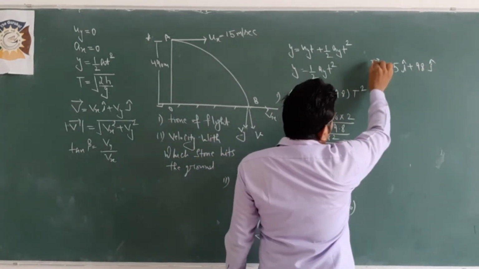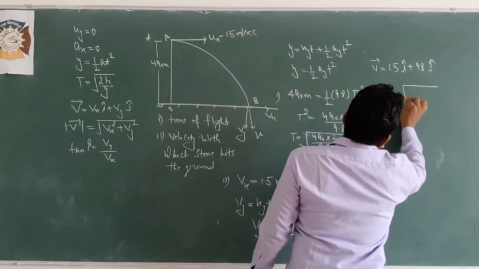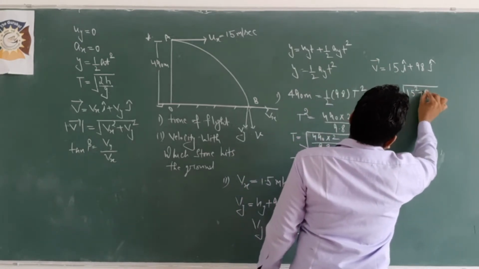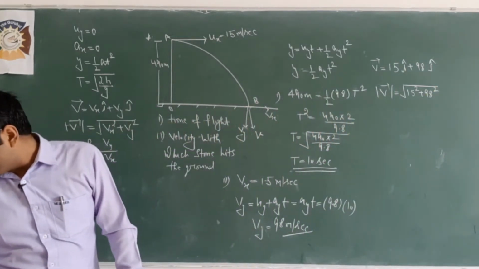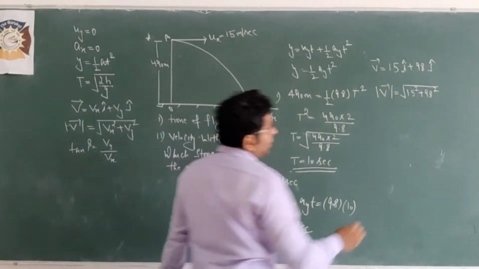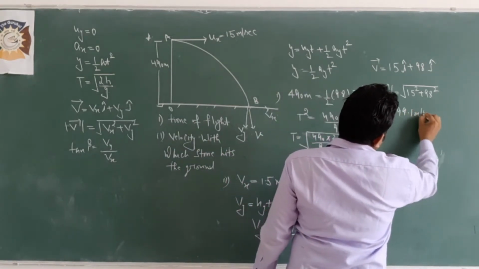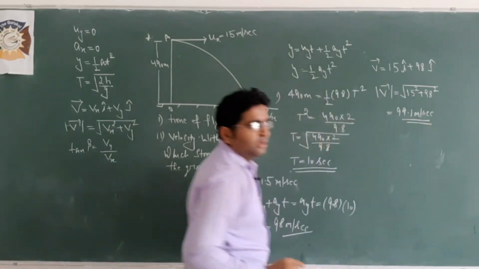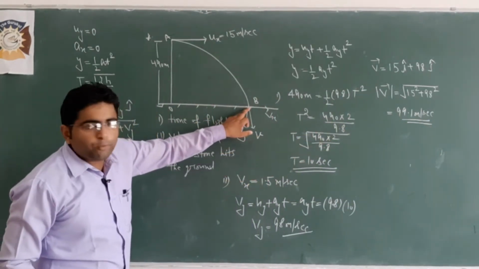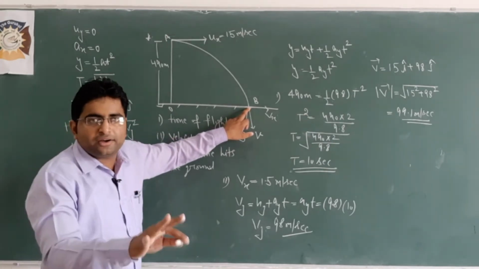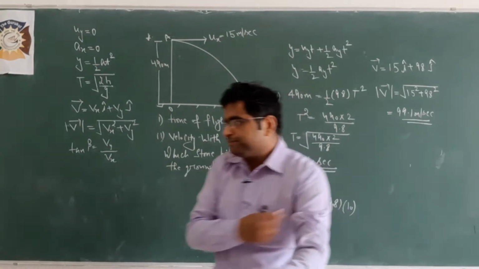Now the magnitude of the resultant velocity is equal to the square root of 15 square plus 98 square, and it will come approximately equal to 99.1 meter per second. So with this velocity, the stone will hit the point B, that is, the ground. Clear?